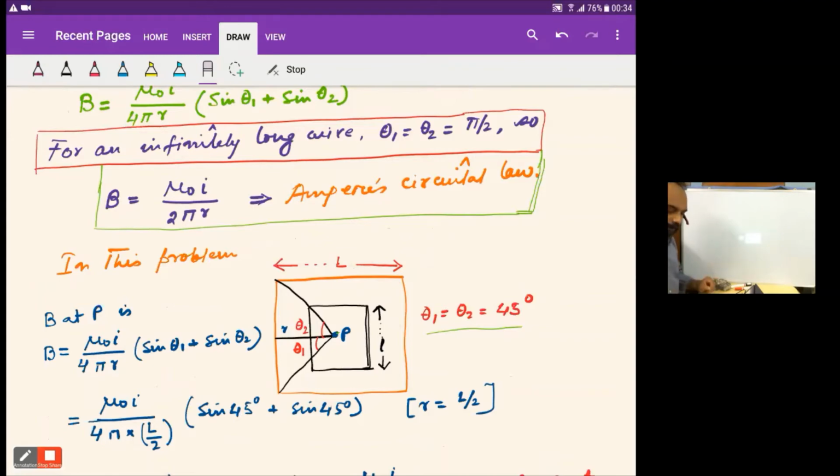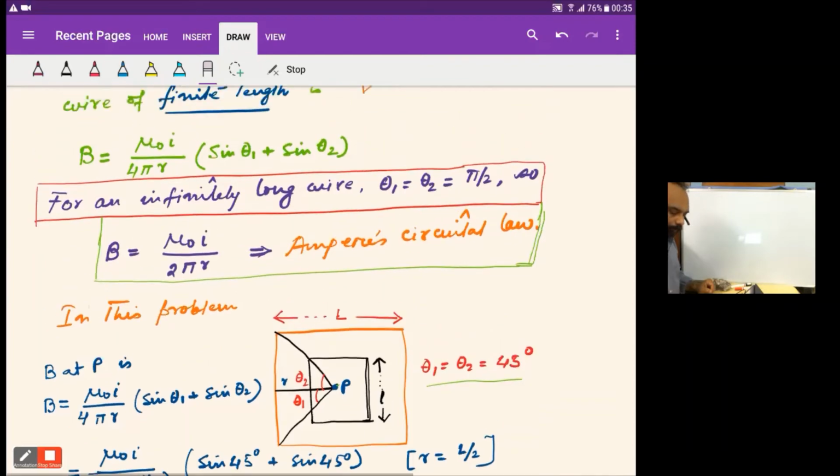They are concentric. The mutual inductance between these two loops is given, and we have to find out that number n.